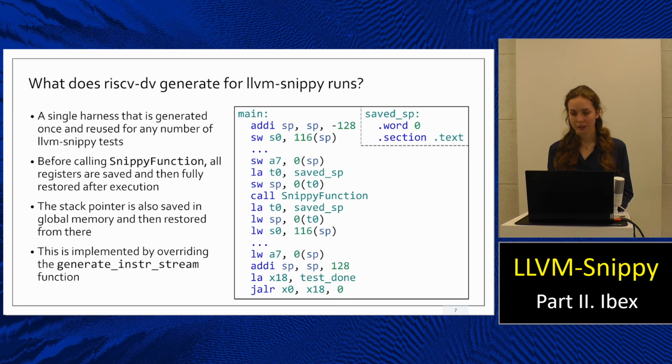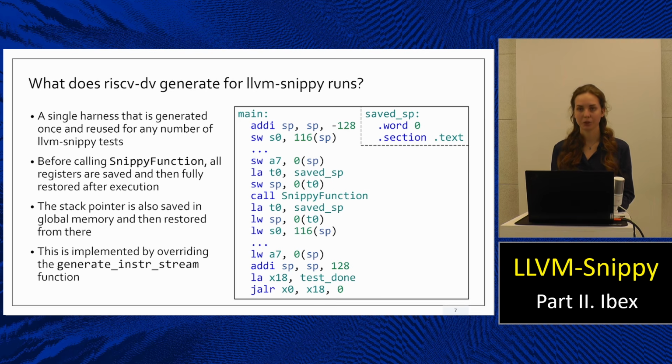And here a key requirement immediately appears: to pre-save the state before the call. Before entering SnippyFunction, the wrapper saves all registers onto the stack and after execution restores them completely. This matters precisely because LLVM-snippy is a random generator.